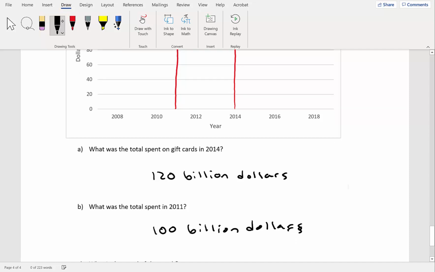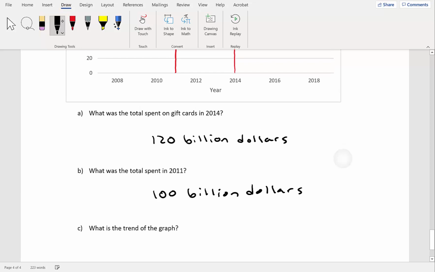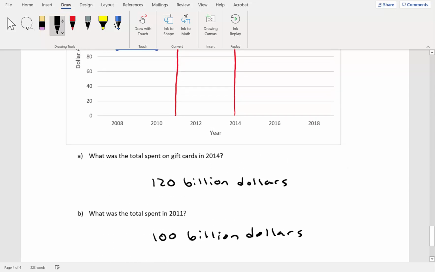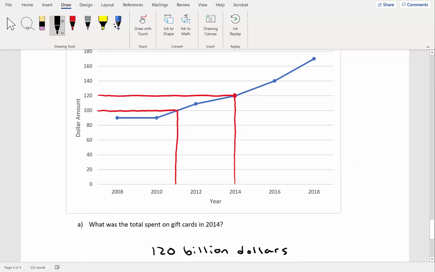And now the last question, what is the trend of the graph? So let's go to the graph and then see what's going on with it. So from 2008 to 2010, we kind of had this constant number, the amount spent on gift cards didn't change, but then it starts to increase as the years go on.